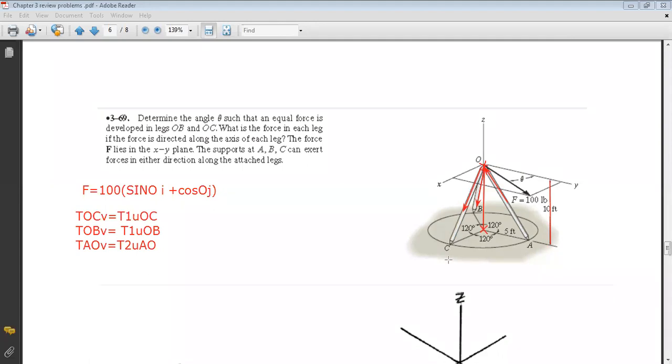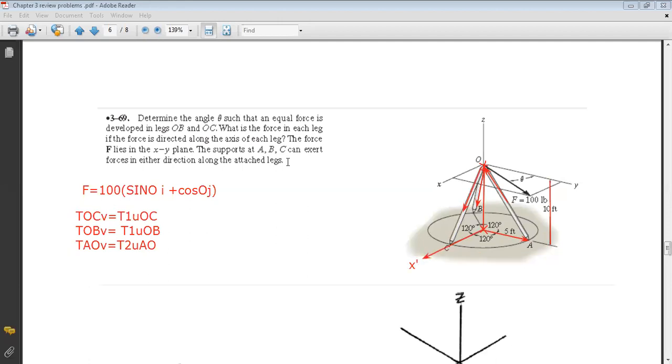Now to continue with coordinates, I should find their XY components. Let us start with A. A is the easiest one. A has only a Y component because of the projection here. I will call this axis X prime, parallel to X, and this is Y prime.